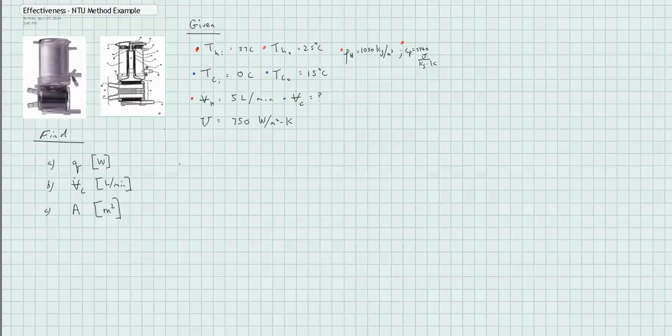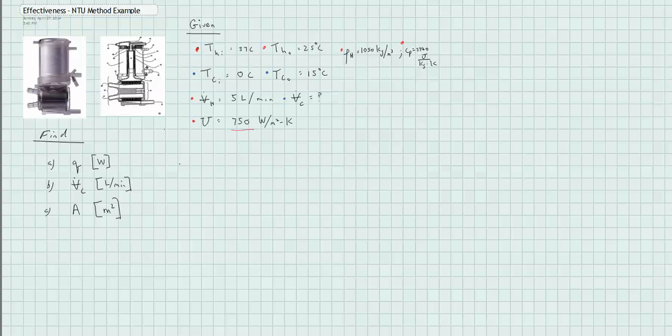And the overall heat transfer coefficient is shown here at 750 watts per meter squared K. The goal of this particular problem is to calculate the heat transfer, the flow rate of the coolant, and the area. So let's try to work through it.